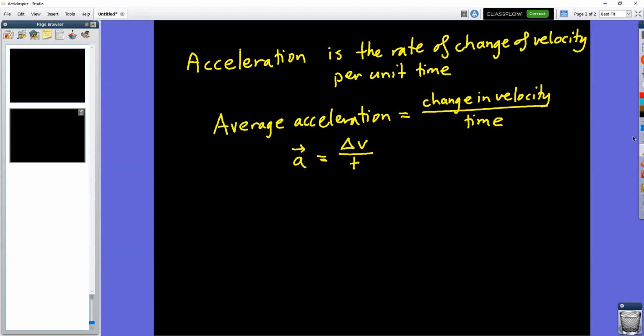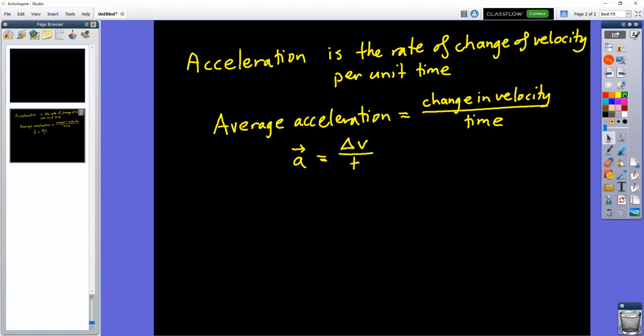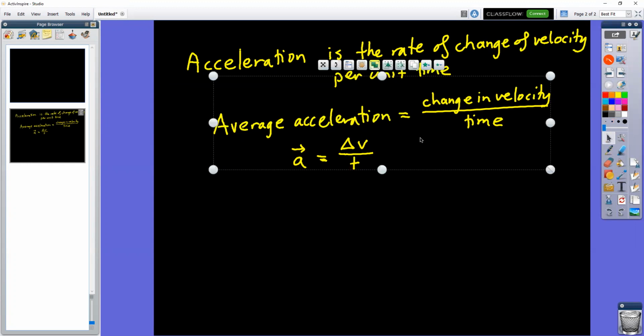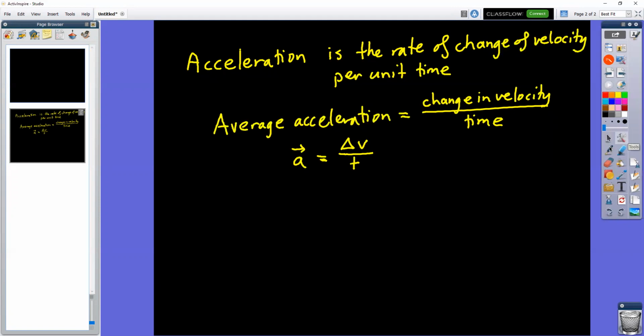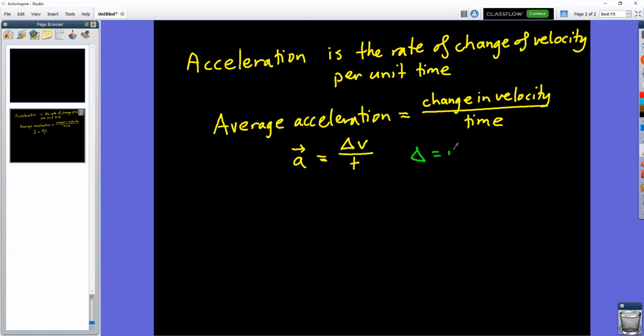Delta just means change. So delta v means the change in velocity.